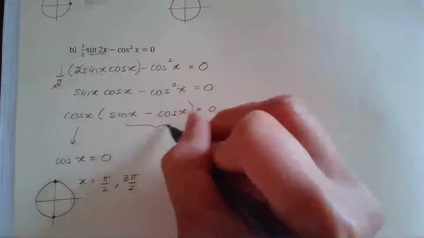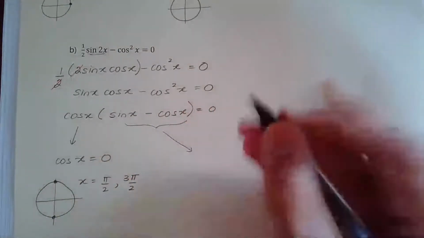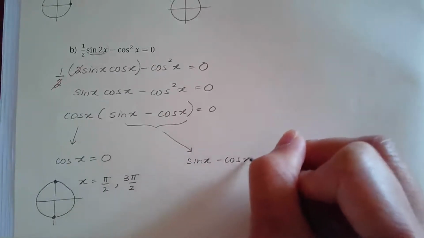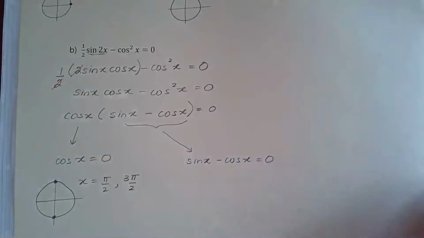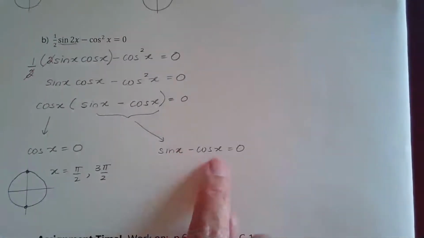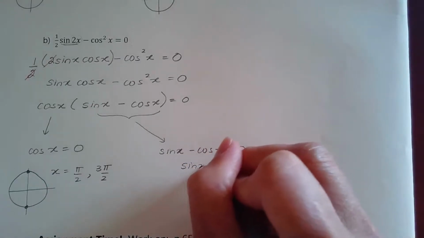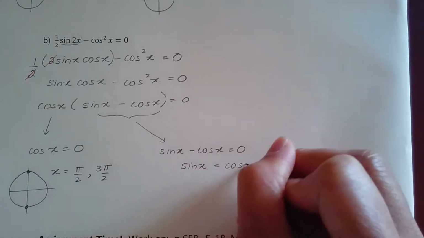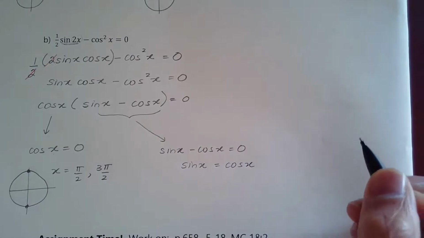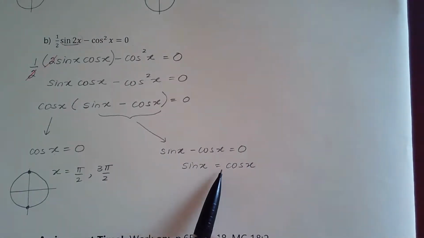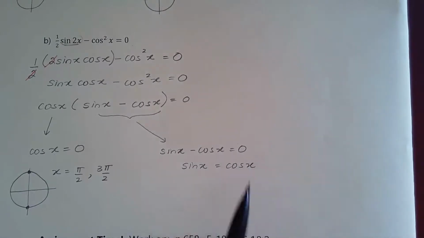And then for this one, sine of x minus cos of x equals 0. So how can we do this part? Well, let's see. If I bring this over there, we get sine of x equals cos of x. So we have to take a look at where sine of the angle gives us the same value as cos of the angle.